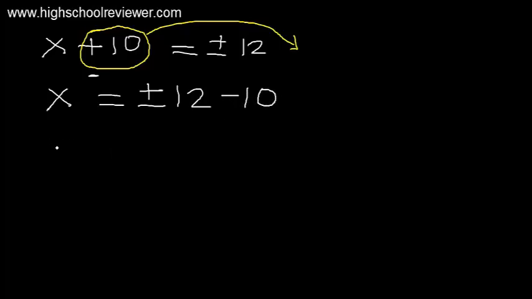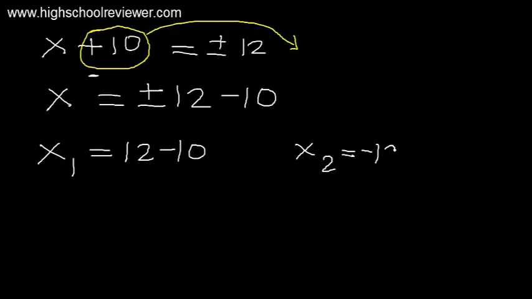Now, to solve for the first value of x, our first value of x, or x sub 1, will be the positive 12, so this will be positive 12 minus 10. And to solve for x sub 2, we are going to use the negative, so this will be negative 12 minus 10.